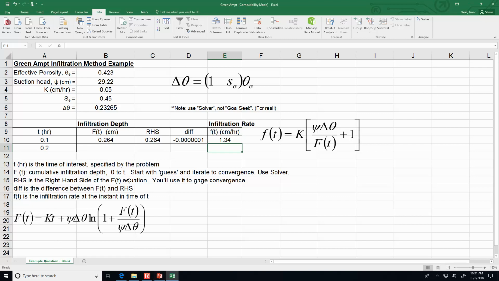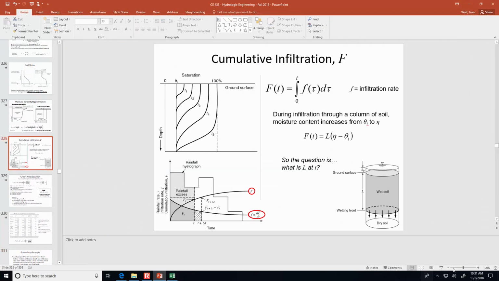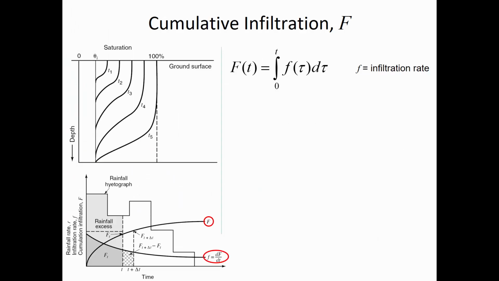Before we drag it down, let's do a reasonableness check. What we're expecting to see is a declining rate of infiltration over time. The Green-Ampt model is trying to say, over time, as those voids get filled up, the driving force is going to decrease, and so there's less tension sucking the water down from above.